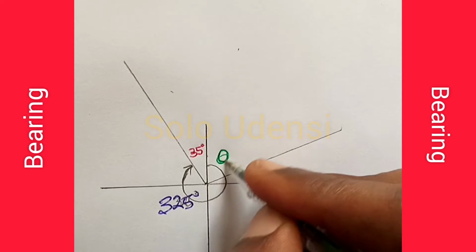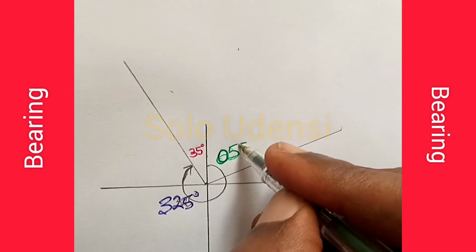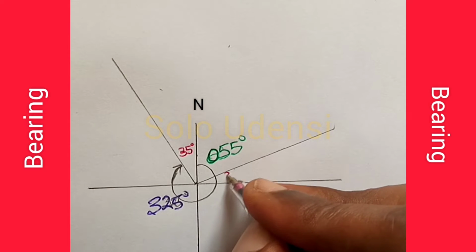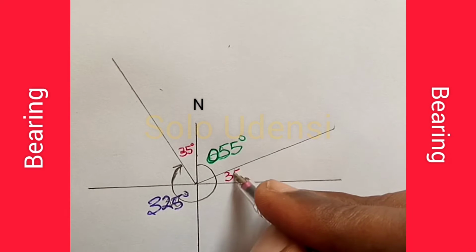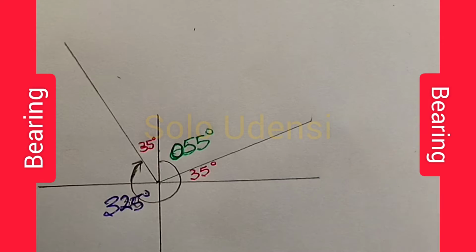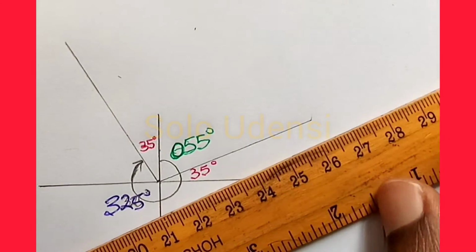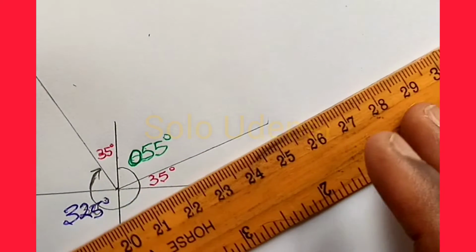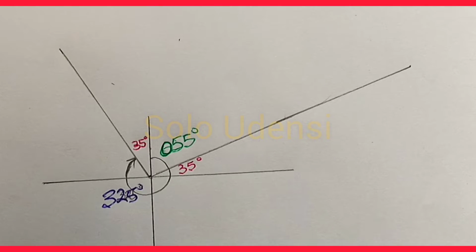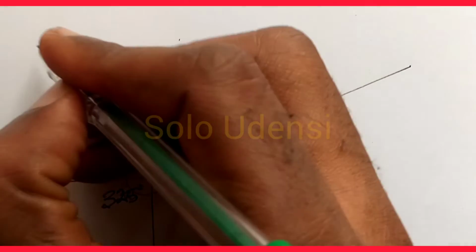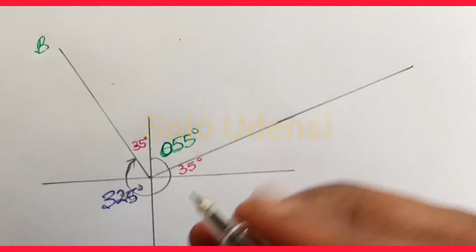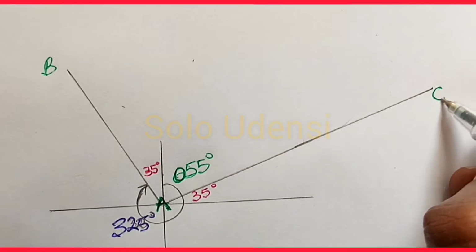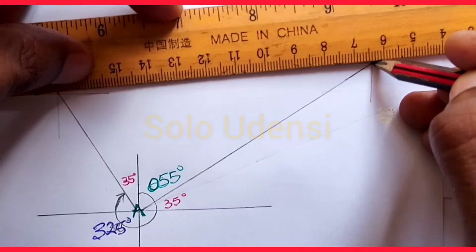Here is 055 degrees, here is 35 degrees. So 9 km should look longer than 5 km. This place is B, this place is A, and this place is C. You can join them.